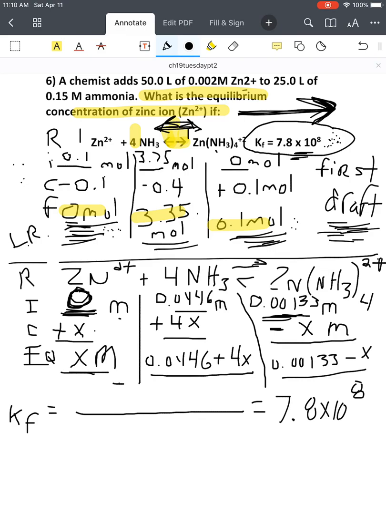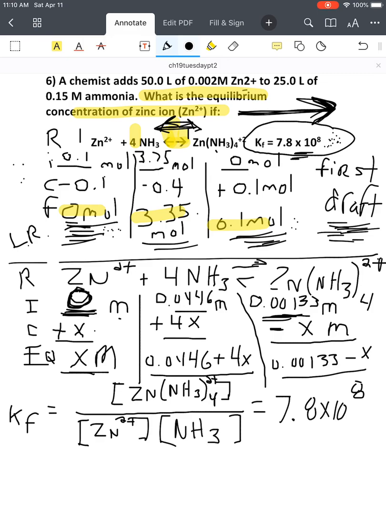So in this case, up top, we have our complex ion equilibrium concentration, don't we? And down the bottom, I would need to plug in my concentration of zinc at equilibrium and my concentration of ammonia at equilibrium. That latter one needs to be raised to the 4th power by virtue of this 4 right here.